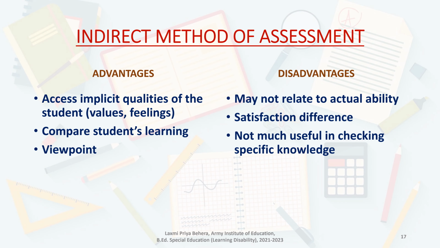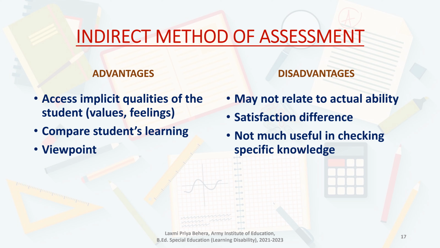Indirect method of assessment helps to access certain implicit qualities of student learning, such as values, feelings, perceptions, and attitudes from a variety of perspectives. It conducts comparisons of different groups of students on some outcomes or questions. It is important to hear from the student's viewpoint.